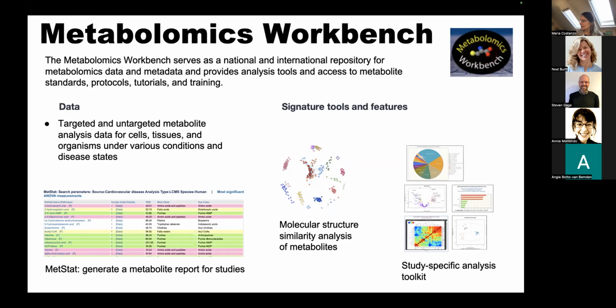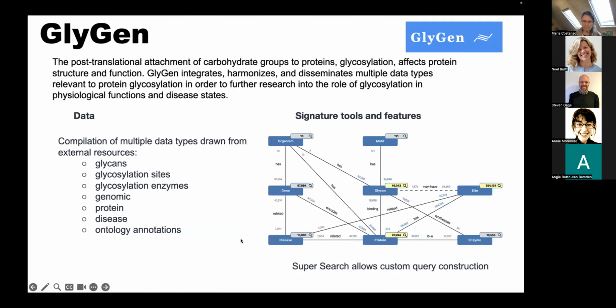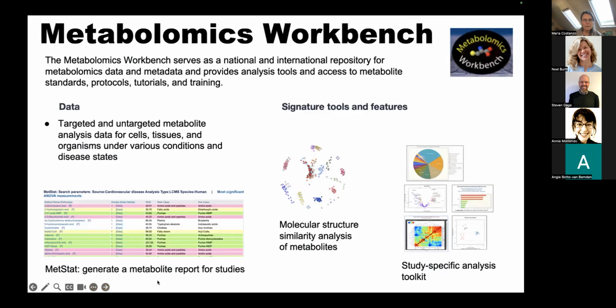Okay, so Metabolomics Workbench has just a ton of metabolomics data, from both targeted and untargeted studies. Targeted studies are where they study specific metabolites that they're looking for. Untargeted means they gather data on everything that's there. They have some tools where you can analyze a data set.